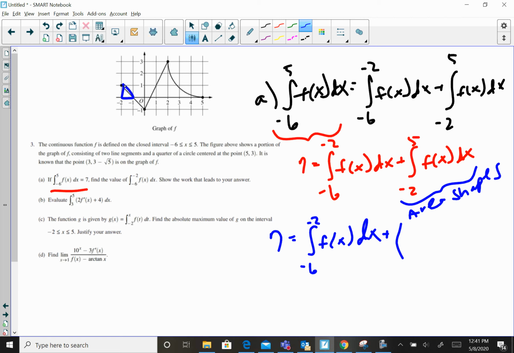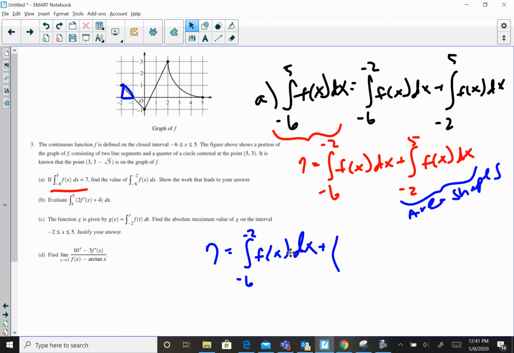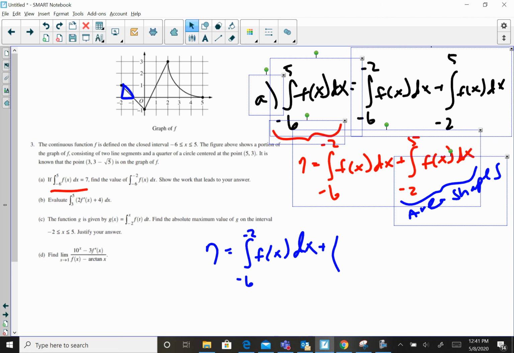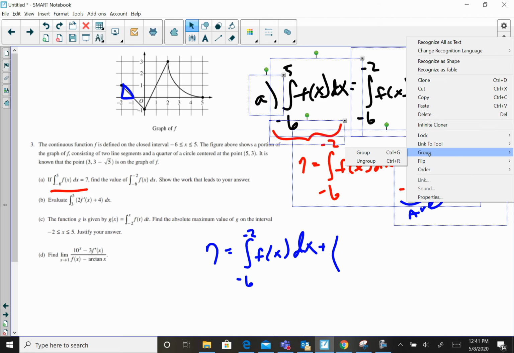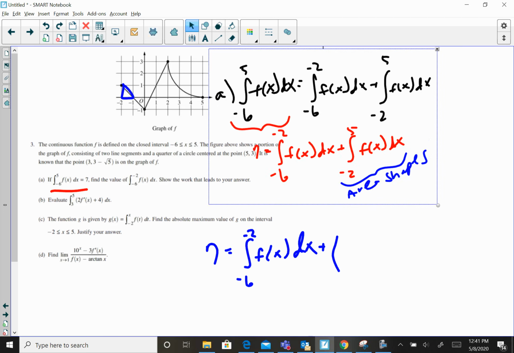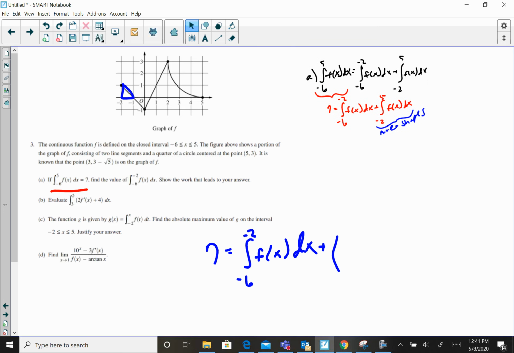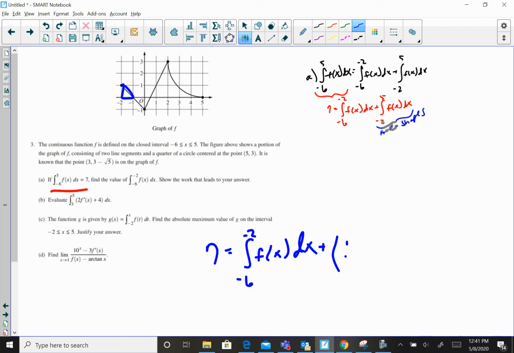So this one is a triangle, 1/2 base times height. I'm going to have to move this. I will group this all at the end, but I'm going to need this room here. So that is a triangle, 1/2 base times height: my base is 1, my height is also 1, plus a negative, because this portion is underneath.